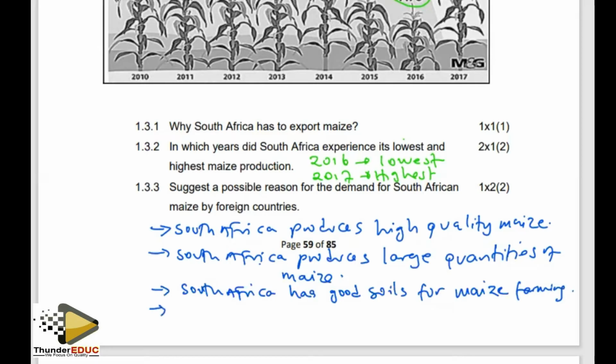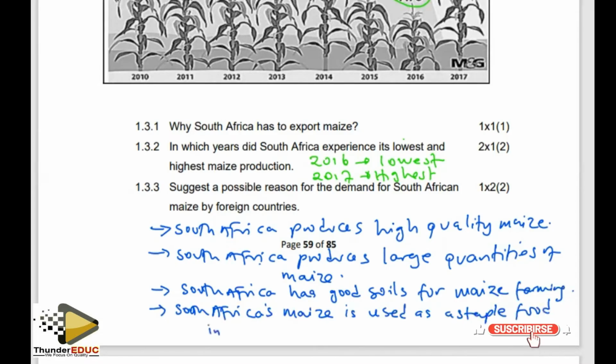Could say as well that South Africa's maize is used as a staple food in those countries. That is why it is in high demand.